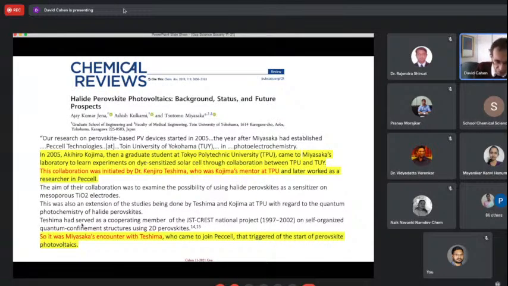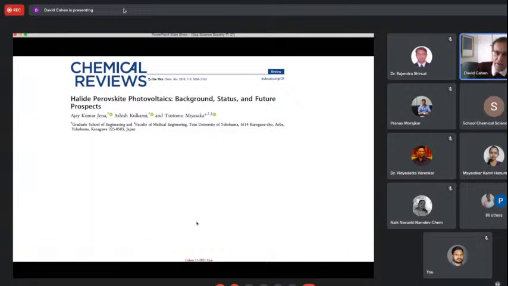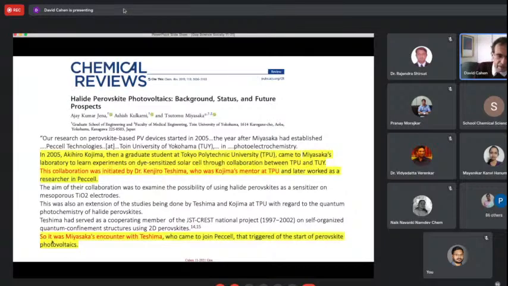And that's because there was a big project going on in Japan. And Tom Miyasaka himself concludes it was Miyasaka's encounter with Teshima that triggered the start of the perovskite photovoltaics.